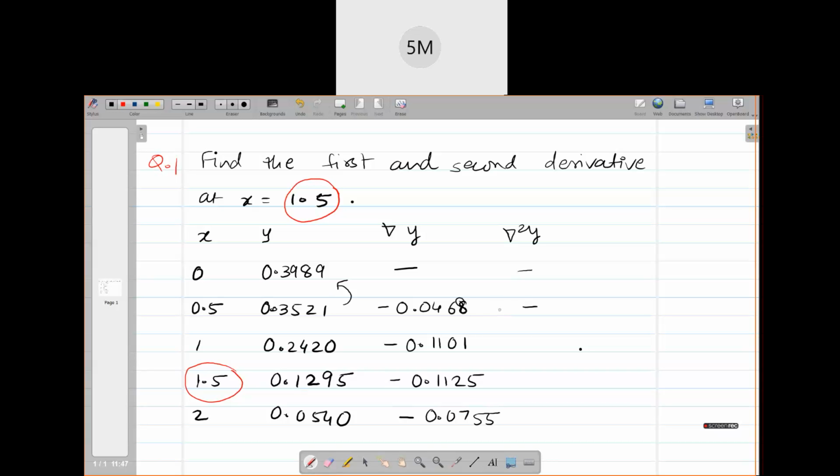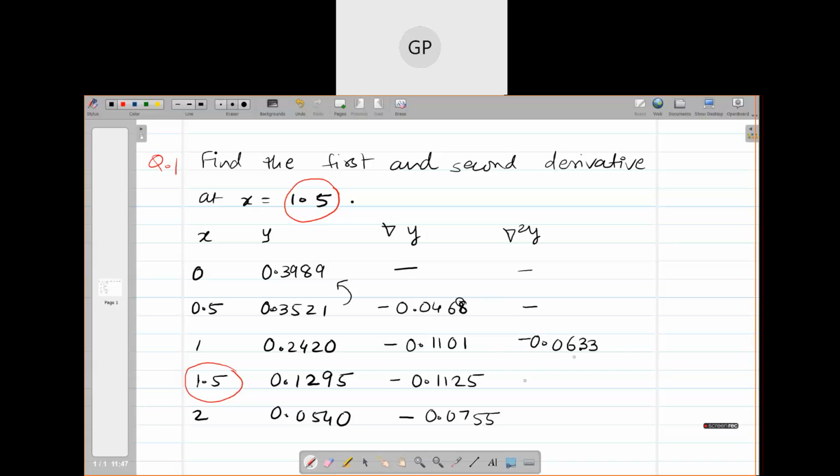What is the first one now? Minus 0.1101 minus 0.0468, so that is minus 0.0633.